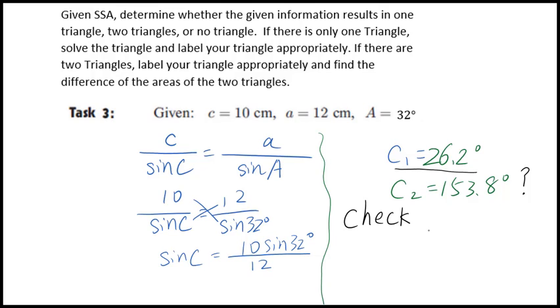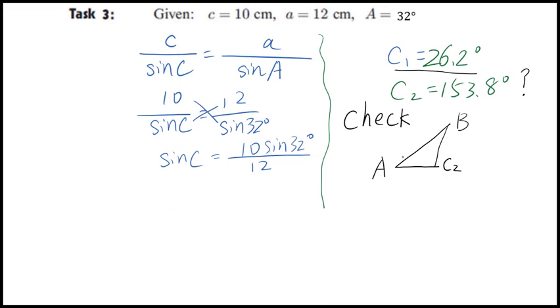Try to draw this triangle with the obtuse angle C2. So I will draw like this. This will be C2. Angle A is given here. You can see this is a B. Let's label. Given angle is a 32 degree. For C2, suppose it exists is a 153.8 degree.